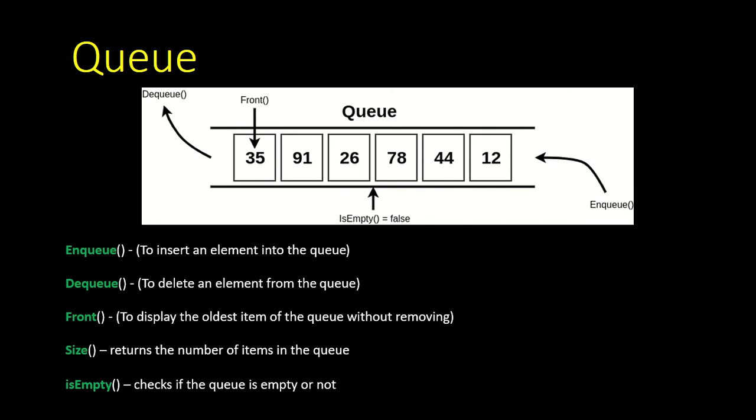And size returns the number of items in the queue. So it tells you how many items are there in your queue. And isEmpty checks if the queue is empty or not. So in our example right here, isEmpty is false because there are items in the queue.